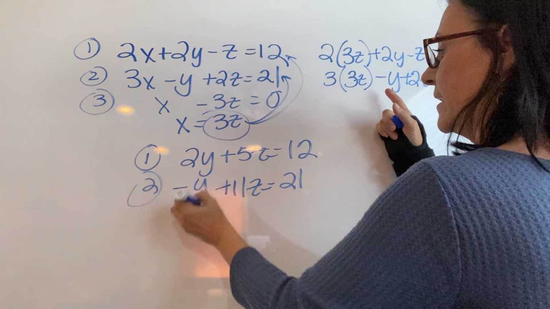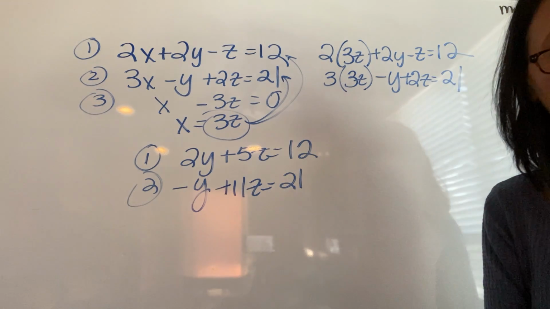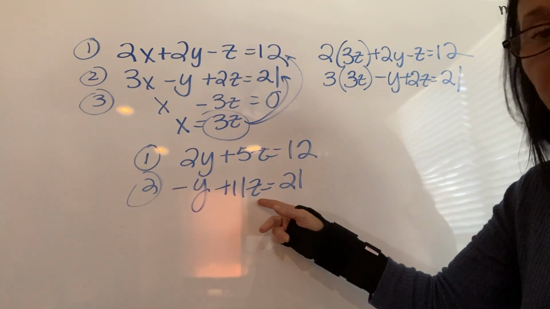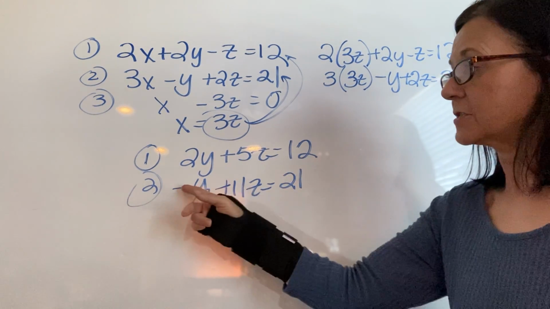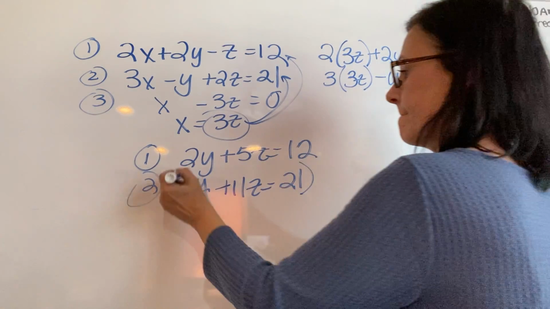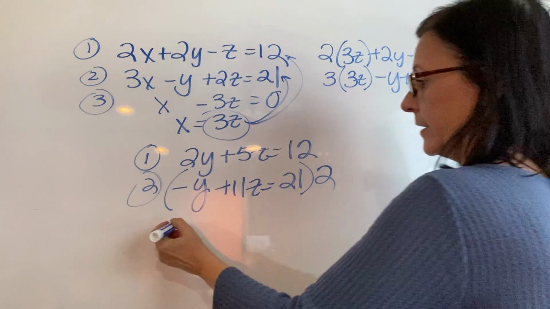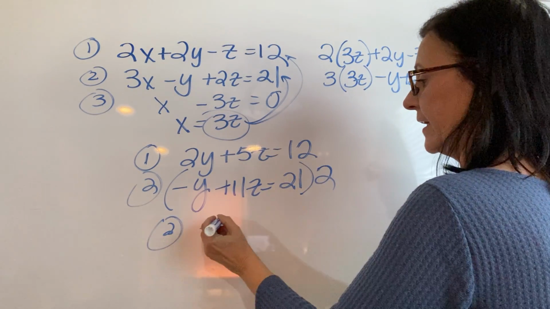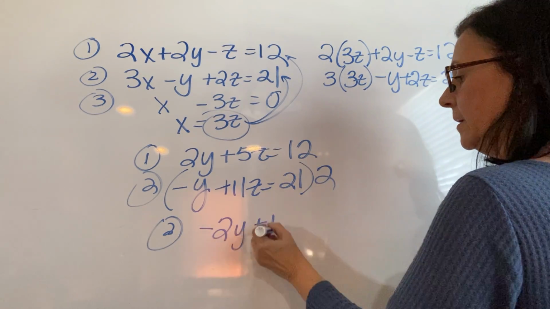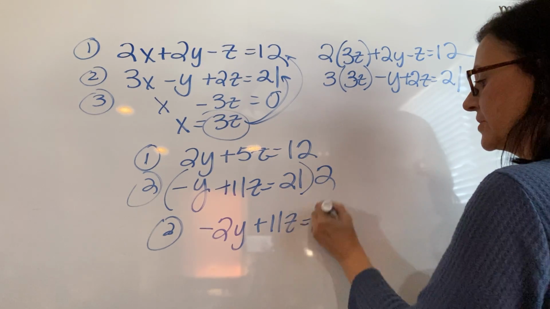And y is just a negative. All right, I can take this second equation to eliminate y and just multiply every term by 2. So multiplying every term in equation 2 by 2, I have negative 2y plus 11z is 21.